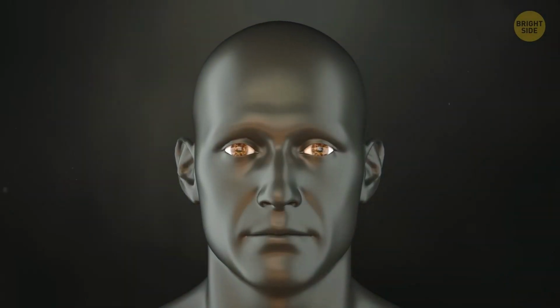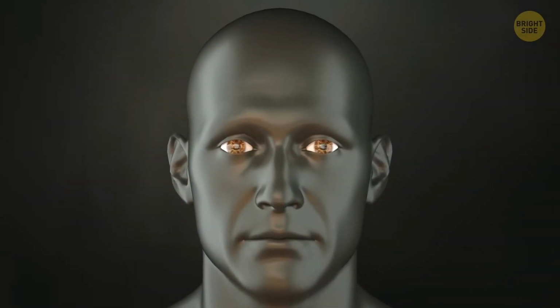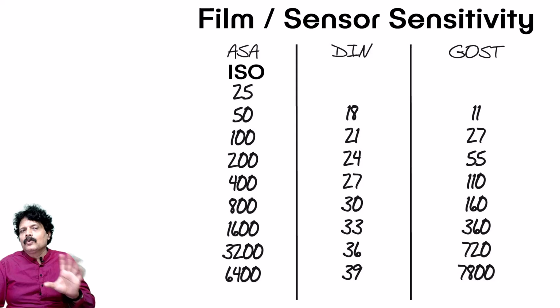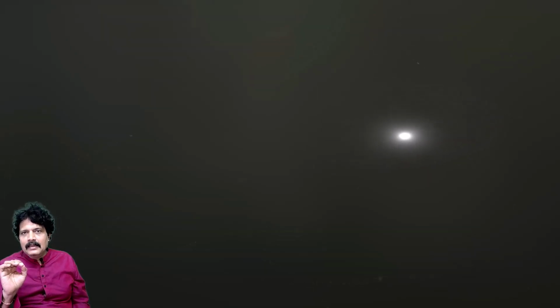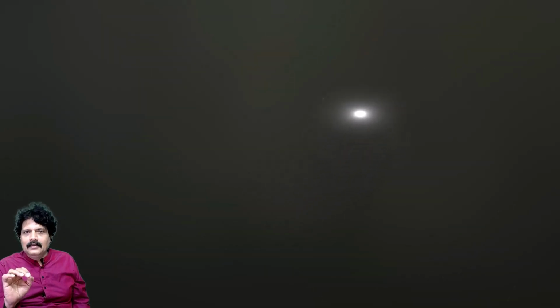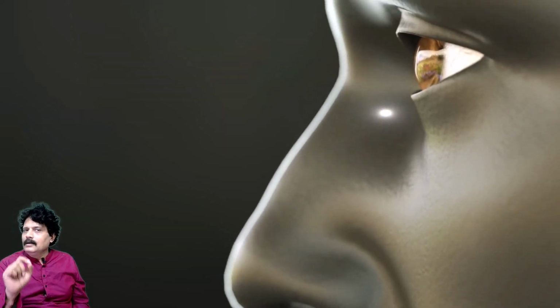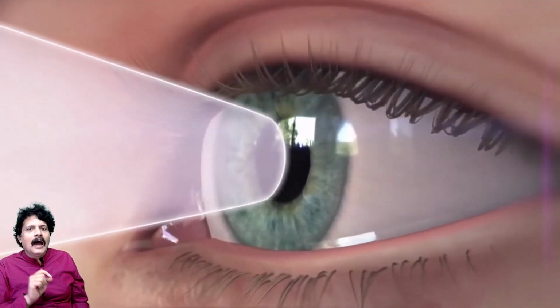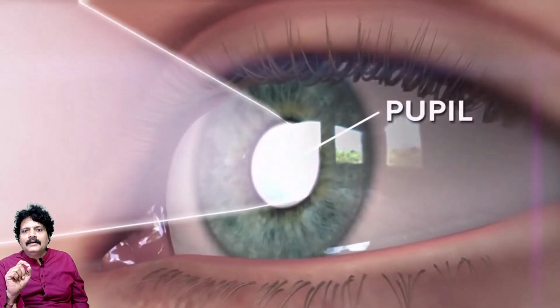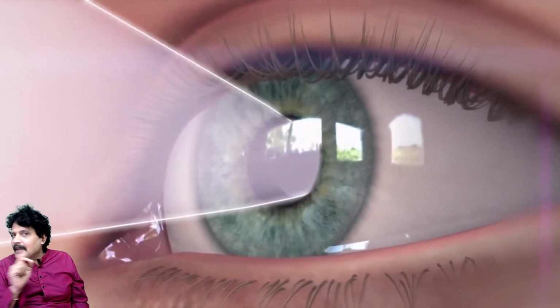Remember, when we are seeing an image, the very first term we have to understand is what our sensitivity is. And now, based on our sensitivity, the amount of light that reaches our brain has to be controlled. To give you an example, in our eye we have a part called the iris.